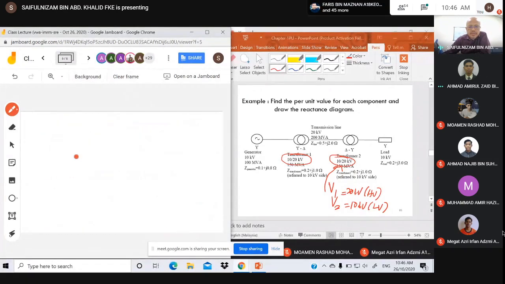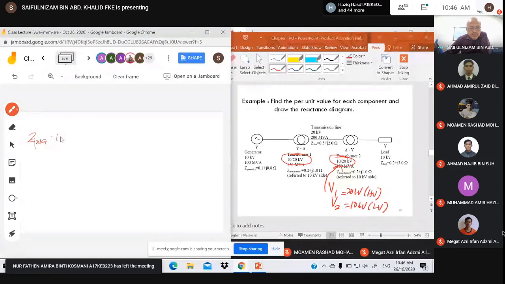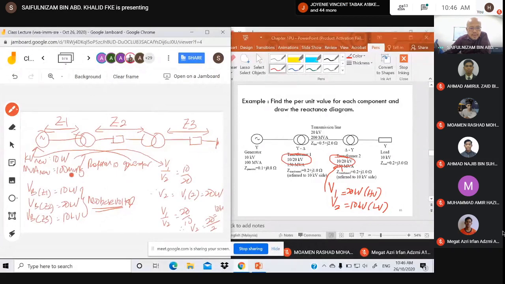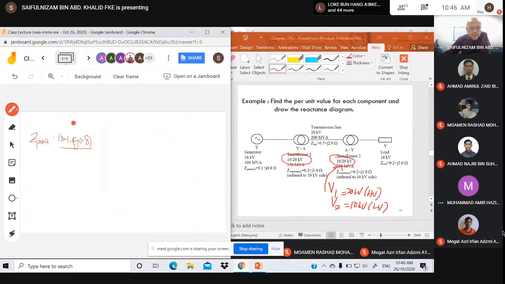Okay, now after finding the new base voltage, you can calculate. So, what is the ZPU for the generator? It equals the old value 0.1 plus j0.8, divided by the Z base value on zone 1, which is 10 kV.